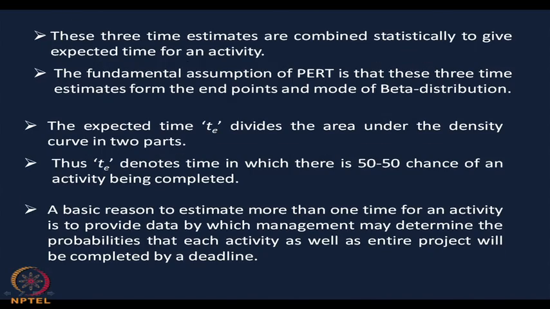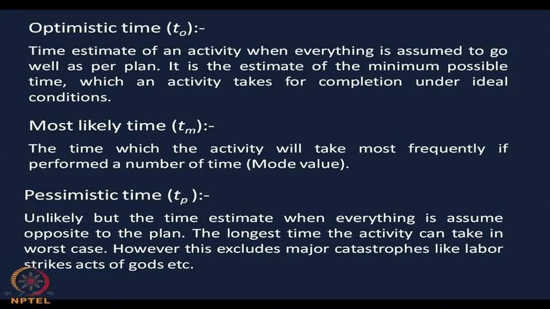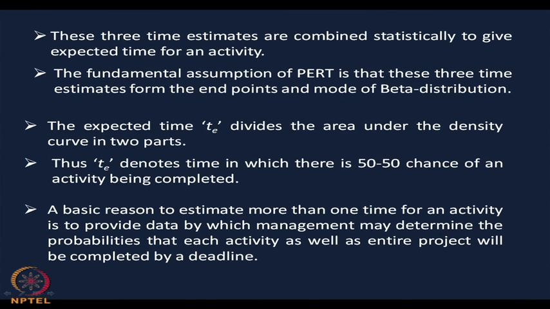So, these three time estimates are combined statistically to give the expected time for an activity. Basically, we will use these three types of times, the most optimistic time, most likely time, and the pessimistic time, and using these three times together statistically we will try to find out the expected time for an activity, or expected completion time.